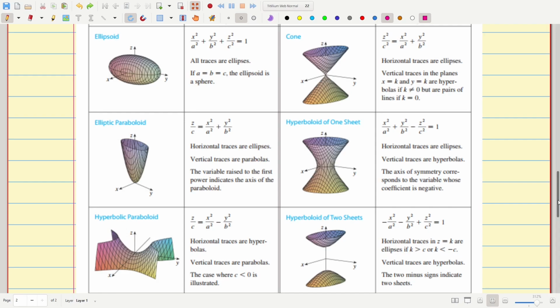I'm not looking at the right version of the textbook. The table is in section 12.6. All right. Make sense? Okay.